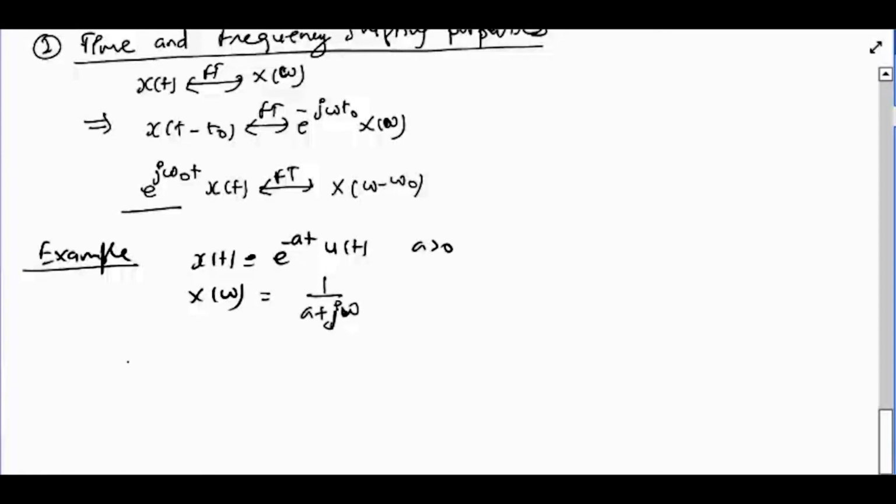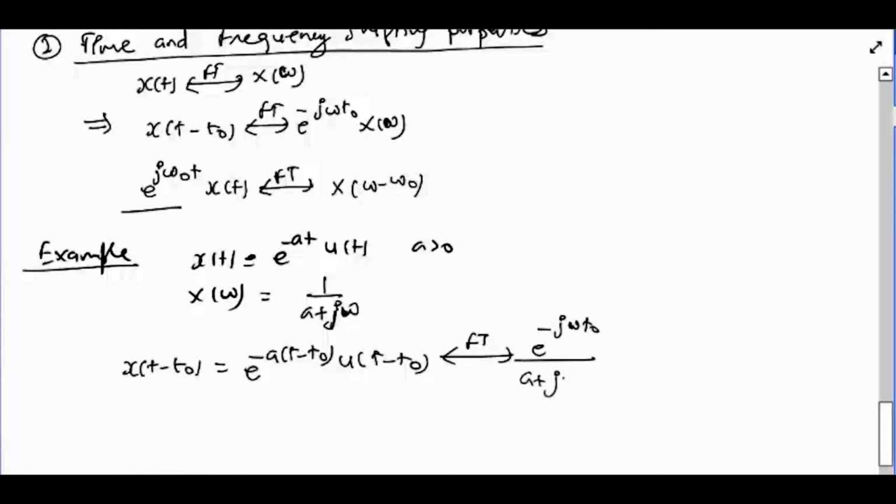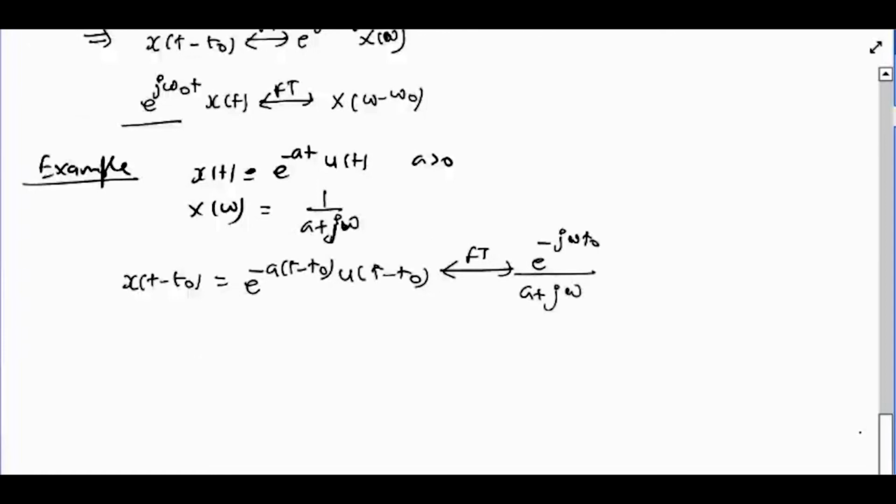Now this says that the Fourier transform of xt minus t naught, which is e raised to minus a times t minus t naught, ut minus t naught, will be e raised to minus j omega t naught divided by a plus j omega. So this is an illustration of time and frequency shifting.